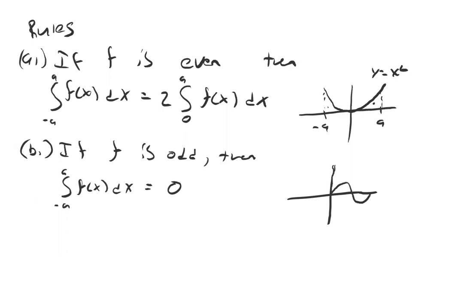Sine of x looks like this. Let's do the integral from here to here. What I'm interested in is this area and this area, and these two areas are the same. One's positive, one's negative, so when I do this integral, I'm going to end up getting 0. That's the reason behind this. It's not a proof, it's just a mnemonic for remembering this.